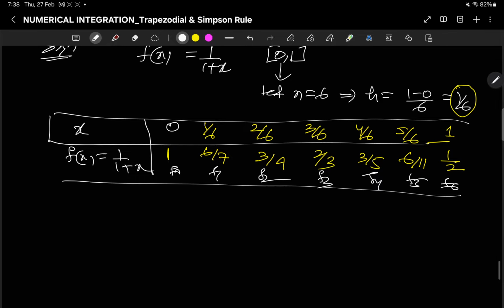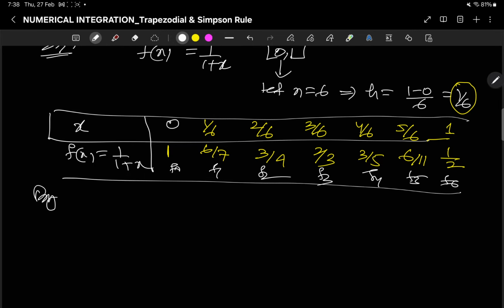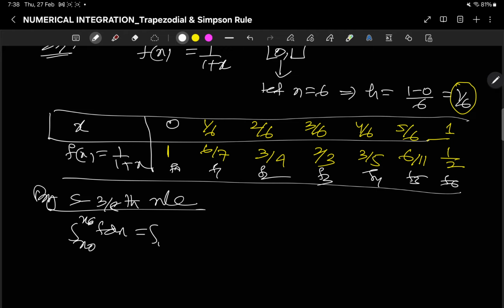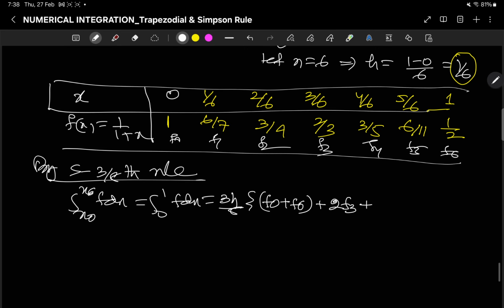Accordingly, I use the formula here. We have Simpson's 3 by 8 rule. By Simpson's 3 by 8 rule, we have integral x0 to x6 f dx, and here it is 0 to 1 f dx, which will be 3h by 8 times: first one single, last one single, f0 plus f6, then 2 times f3, plus the remaining 3 times f1 plus f2 plus f4 plus f5. If you simplify it, h is here 1 by 6.